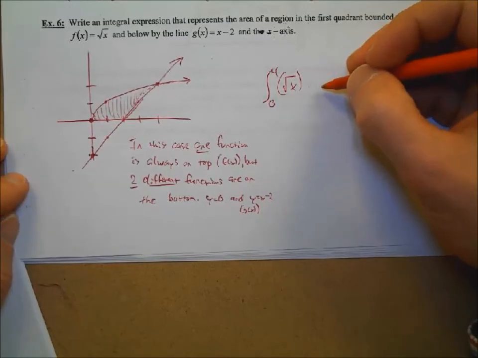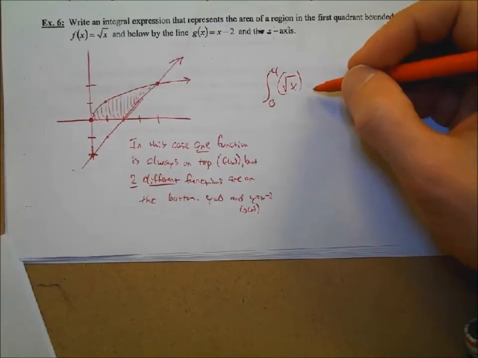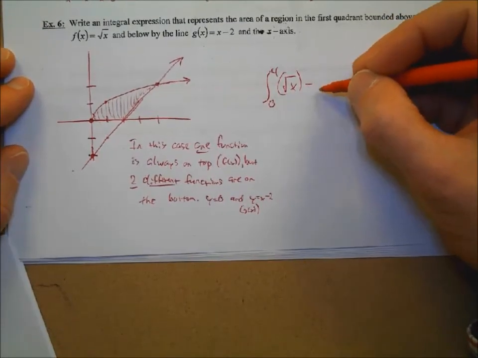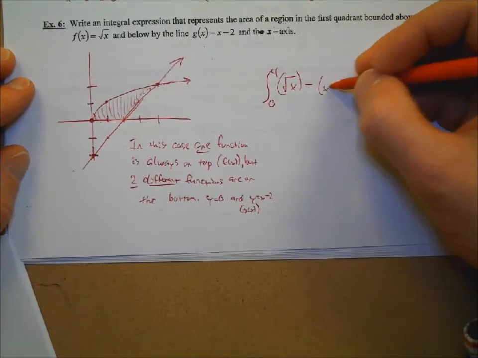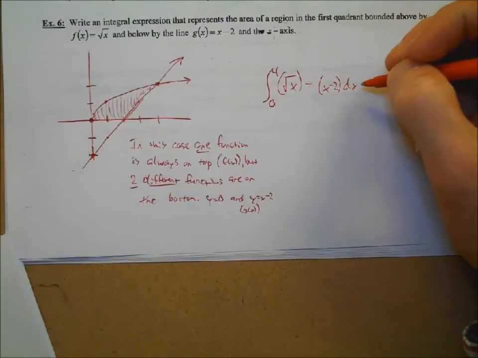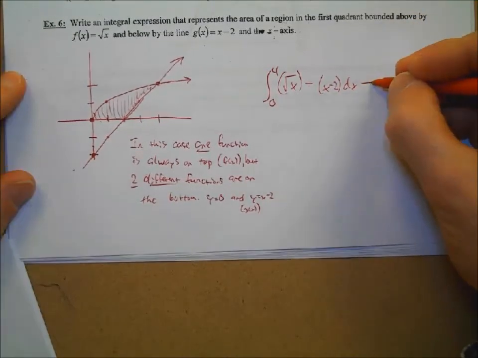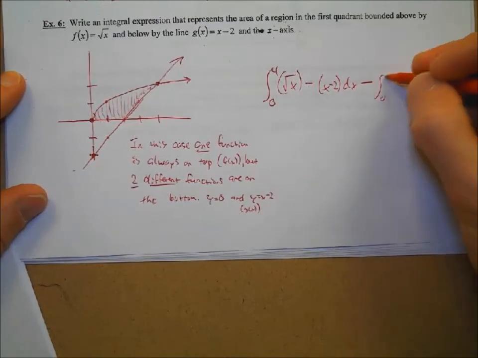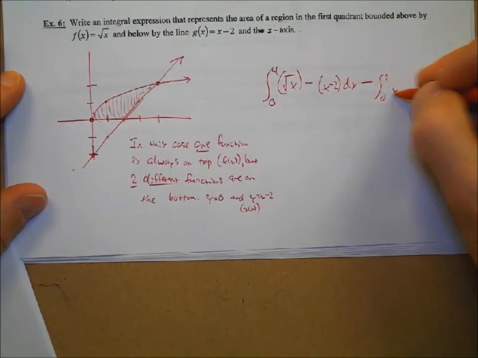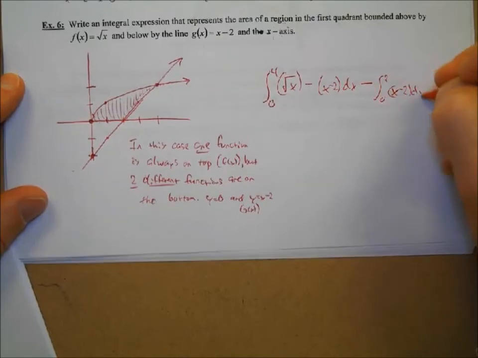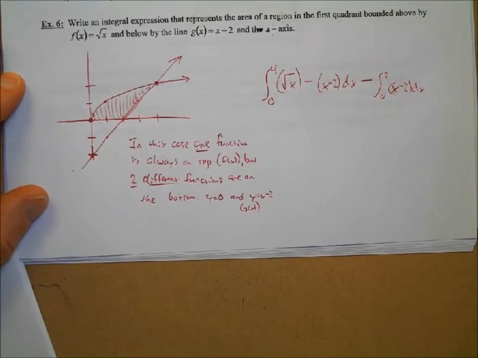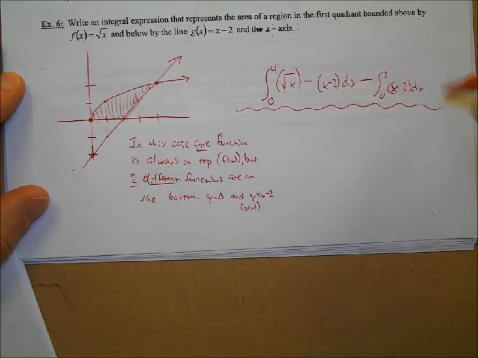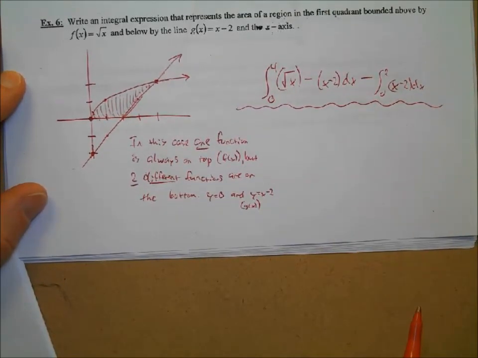Yeah. Okay, actually, so then it's not quite right. If we did this, x minus 2 dx, and then subtracted off the integral from 0 to 2 of x minus 2 like that, that should work. But that's more complicated than I was looking to do here.